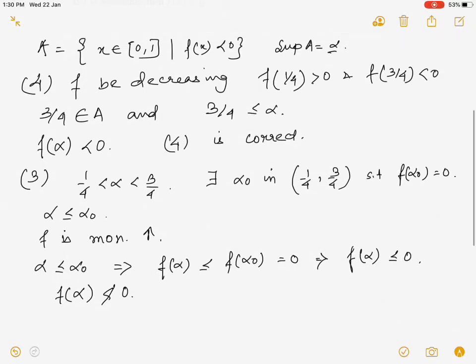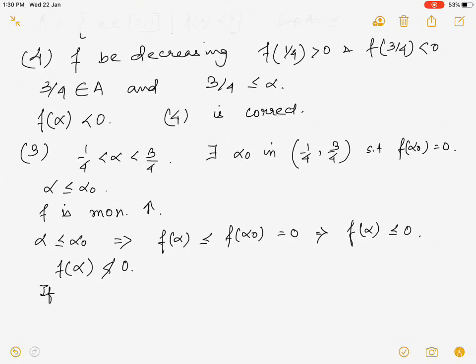We show that f(alpha) can't be less than 0. If possible, let f(alpha) be strictly less than 0.